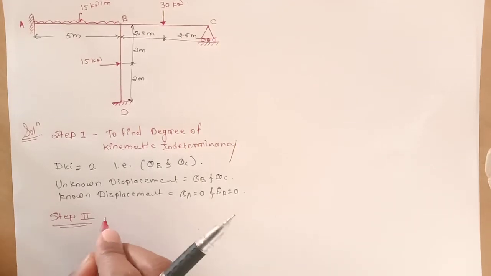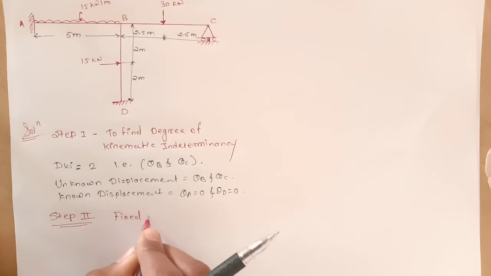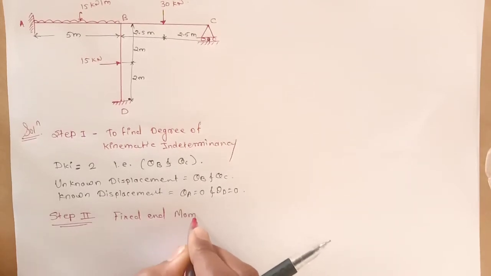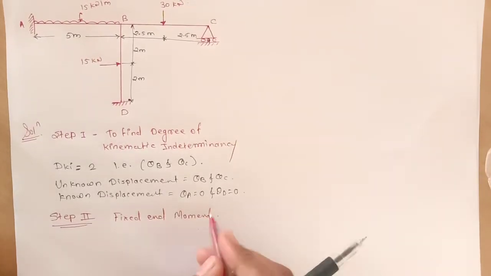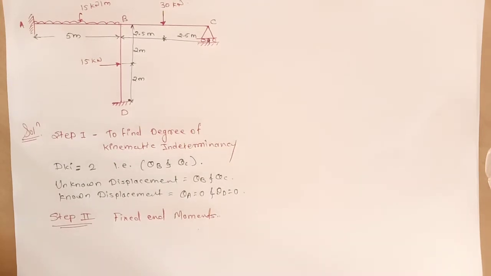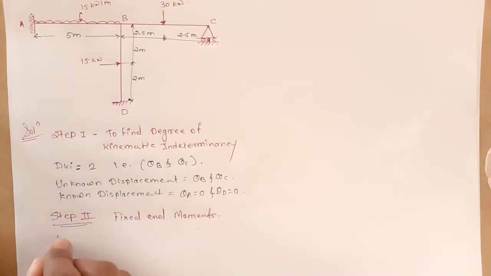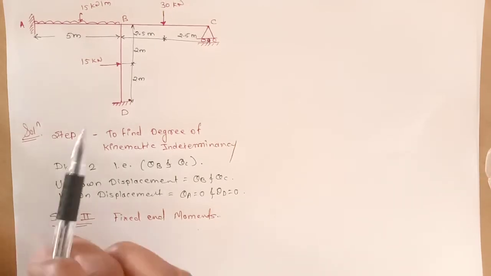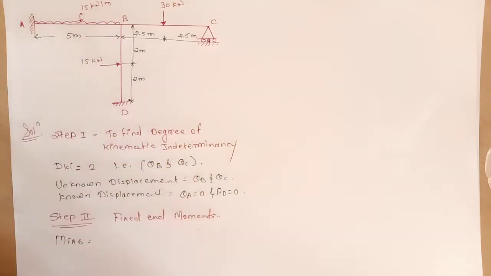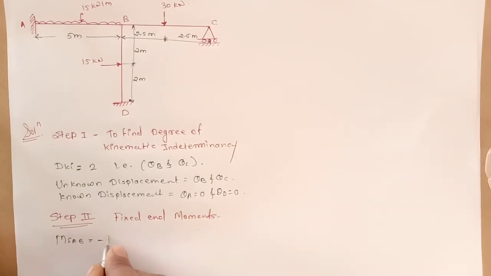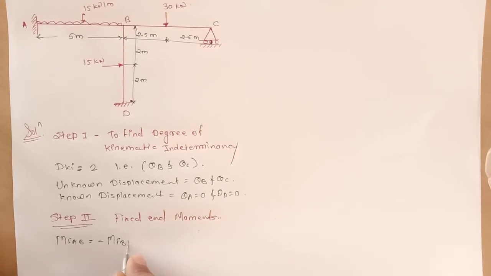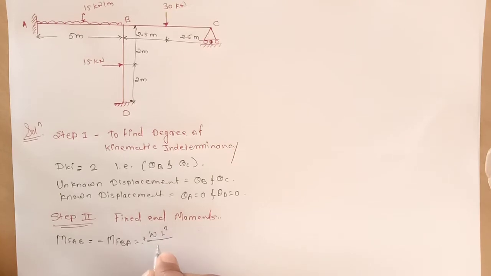Then next, step number two, to find the fixed end moments. So first take the AB member. Over this AB member, a 15 kN per meter UDL is acting. So the formula is fixed end moment for AB equal to minus fixed end moment for member BA, equal to plus or minus WL square divided by 12.